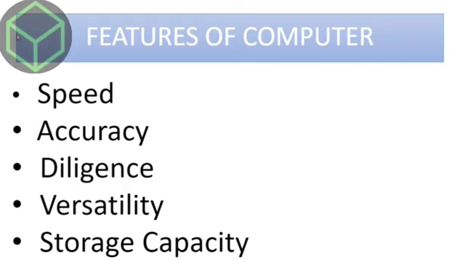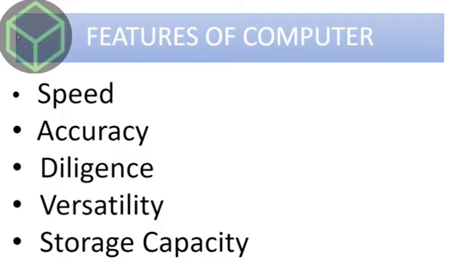The third feature of a computer is diligence. The capacity of a computer to perform repetitive tasks without getting tired is called diligence. The fourth feature of a computer is versatility. The computer has the capacity to perform more than one task at the same time, and this feature is known as versatility.